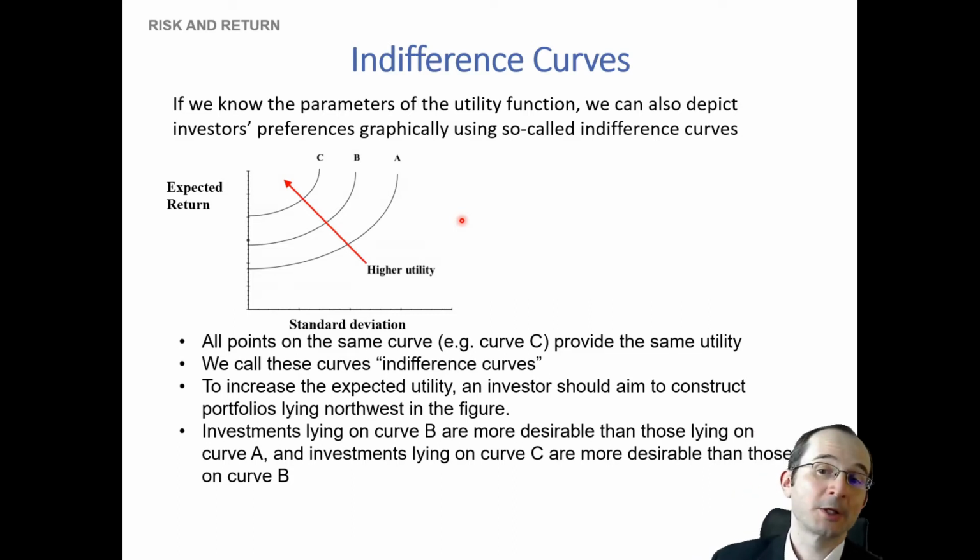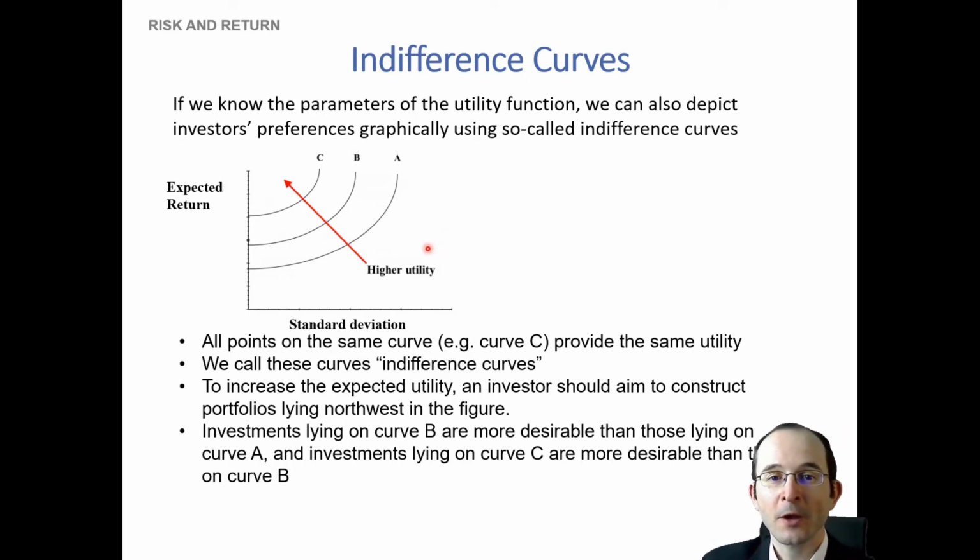Well, because we can actually show another way that we can arrive at the same mathematical optimal result using the combination of indifference curves and the capital allocation line. So for now, we just need to note that an investment on any higher curve is better than an investment on any lower curve, just because the utility on a higher curve is by definition higher than that on a lower one.